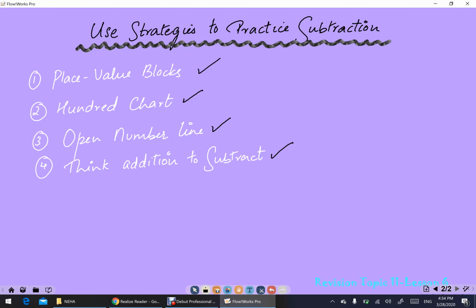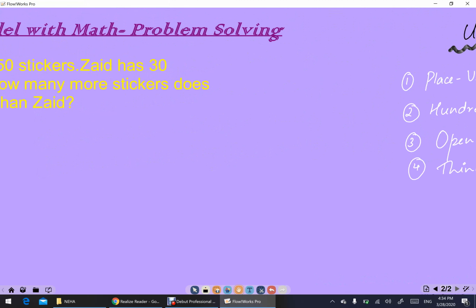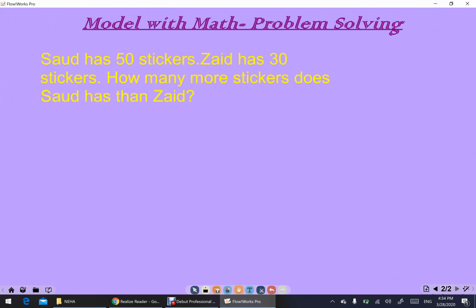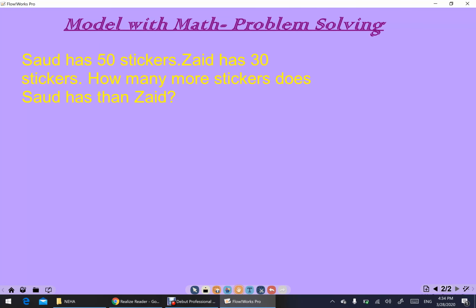Now, as you can see here, let me give you one example. Okay. Can you read this problem for me? Any one of you can read? Read with me, okay? Saud has 50 stickers. Zaid has 30 stickers. How many more stickers does Saud have than Zaid?